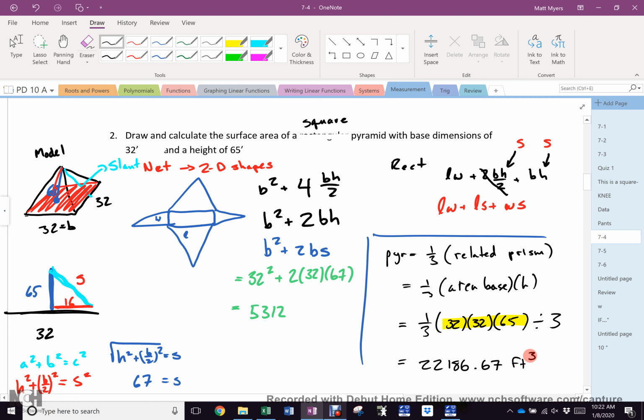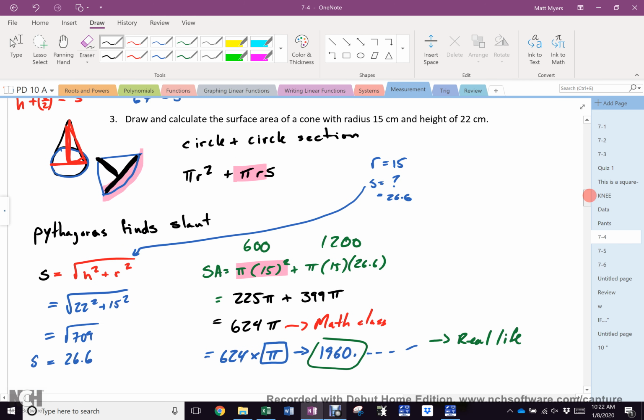Is everybody cool? Yeah? Area base times the height. No matter what the base is, we just multiply it by the height. That gets our volume. If it's a pyramid, we then divide it by 3. Easy, right? So let's go to the next one.